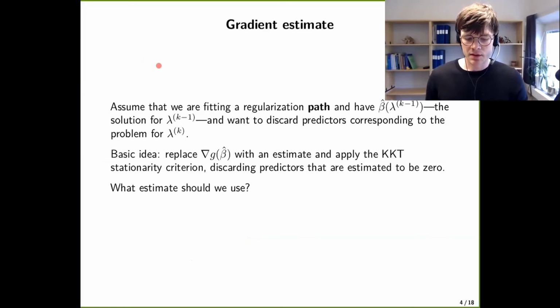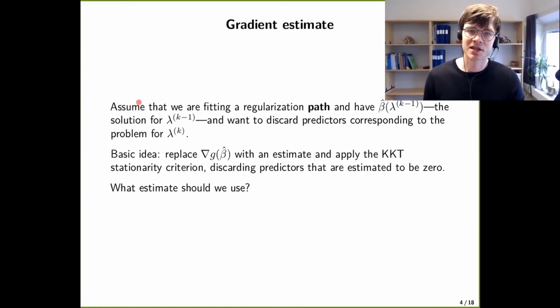But what if we could predict what the gradient is going to be at the next step of the regularization path, and replace the true gradient at that solution with some sort of somewhat conservative estimate, in order to ensure that we don't get too many violations?